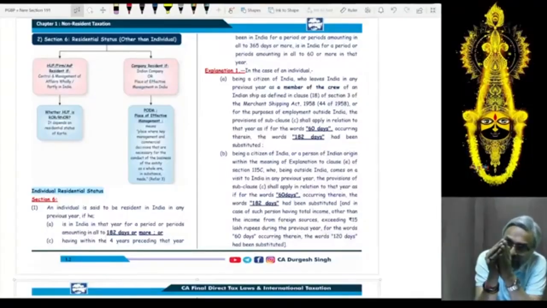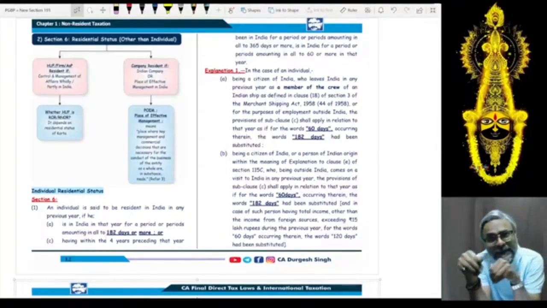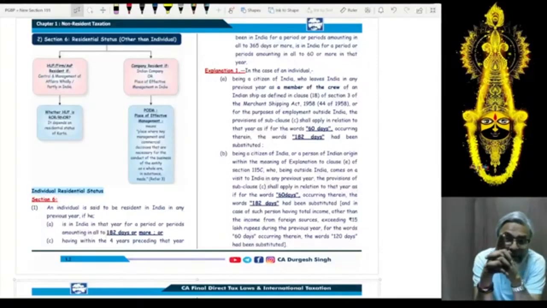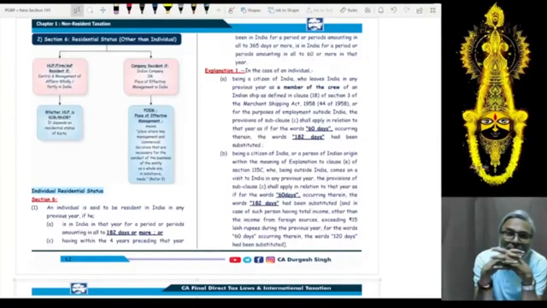So before they give you the details about his income, again they will try to target some particular provision of the number of days of stay in India of that NRI, and on that basis you have to conclude whether he is an NRI or a resident Indian.